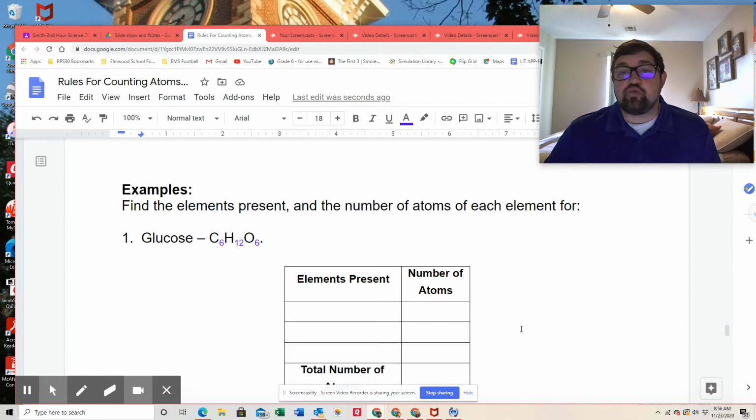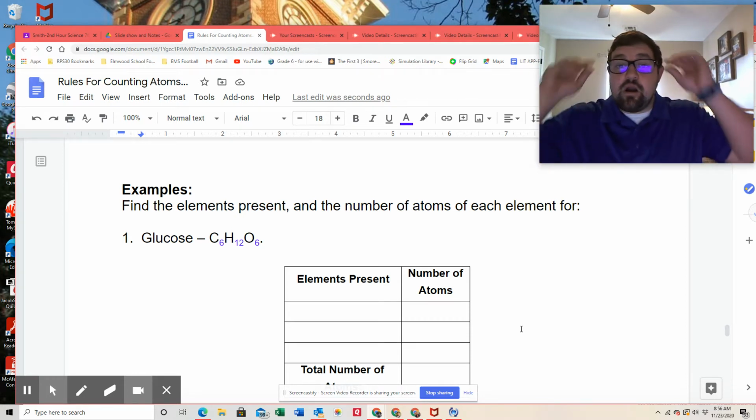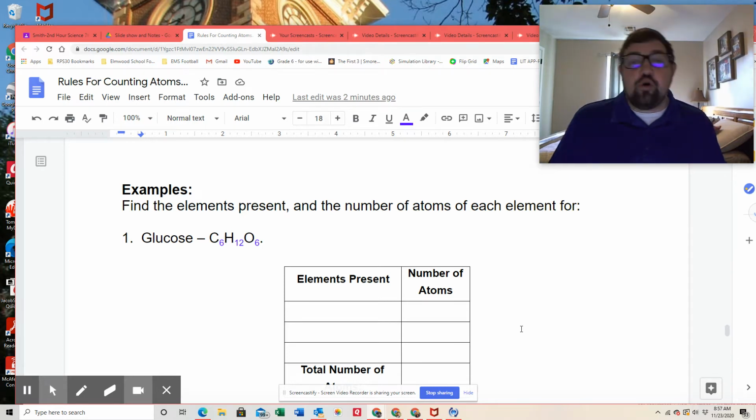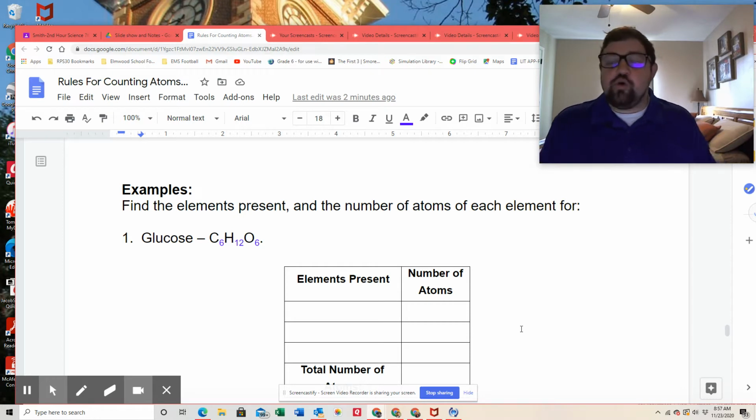I say groups to go back to our mathematical principles of multiplication, where we're talking about groups of 4 or groups of 6. We might be talking about groups of oxygen or groups of carbon, or even groups of something like carbonate, which is 1 carbon and 3 oxygen.